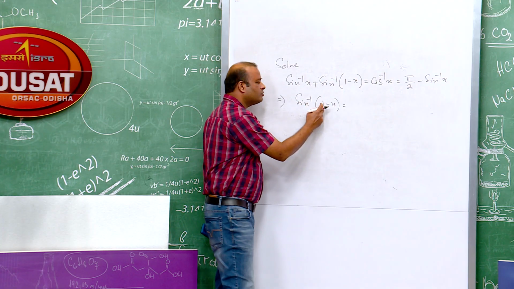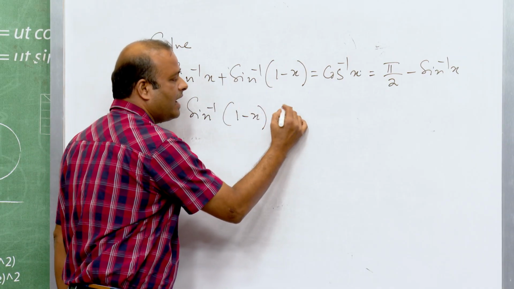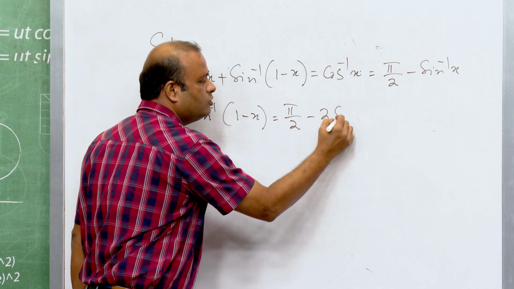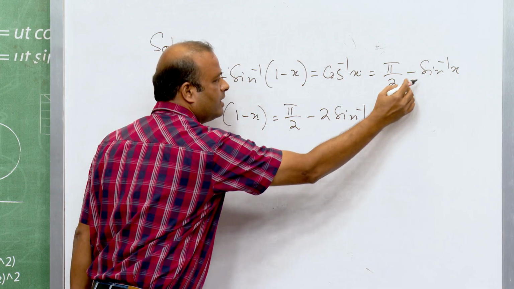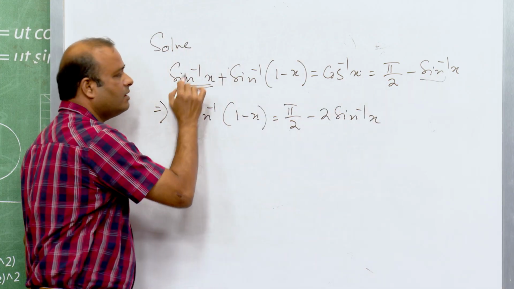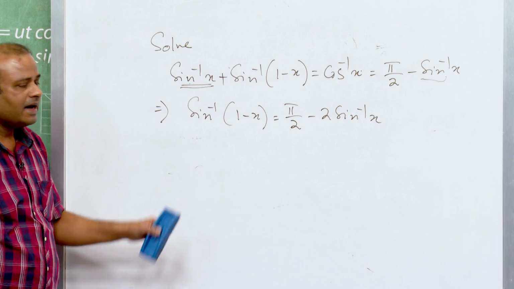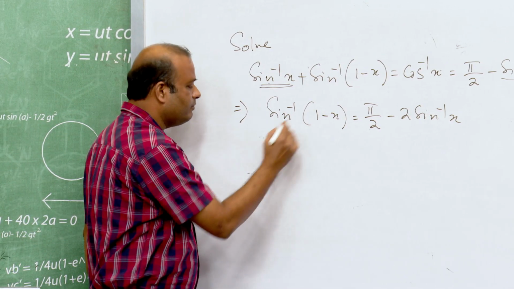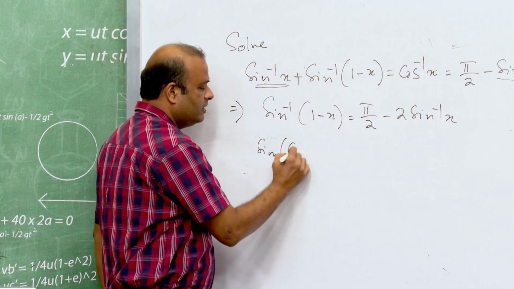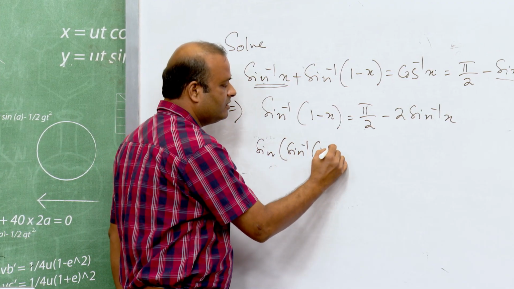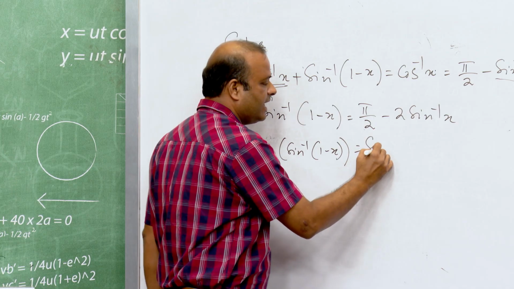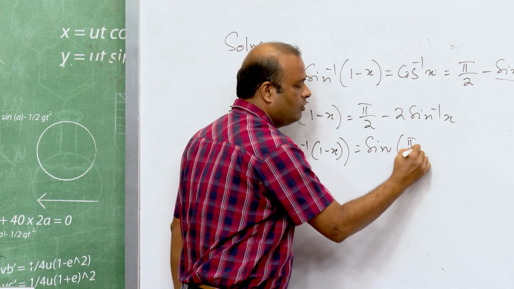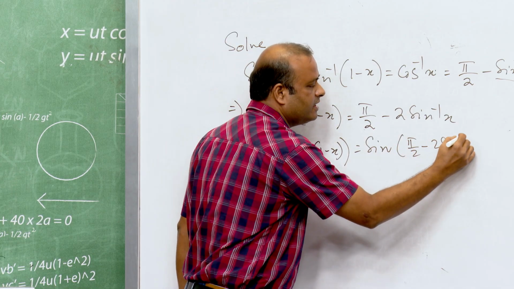Now sin inverse (1 minus x) is pi by 2 minus 2 sin inverse x, that is minus sin inverse x and minus sin inverse x. So take sin on both sides: sin of sin inverse (1 minus x) is equal to sin of (pi by 2 minus 2 sin inverse x).